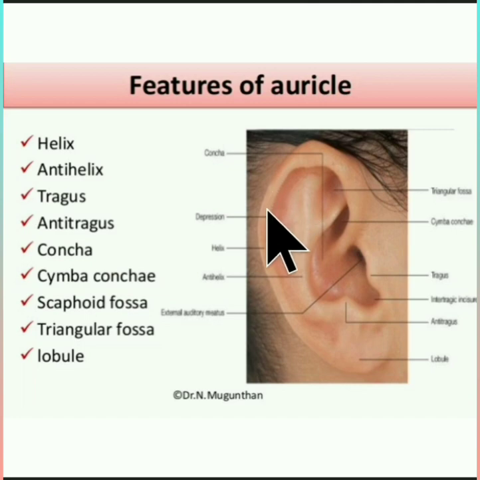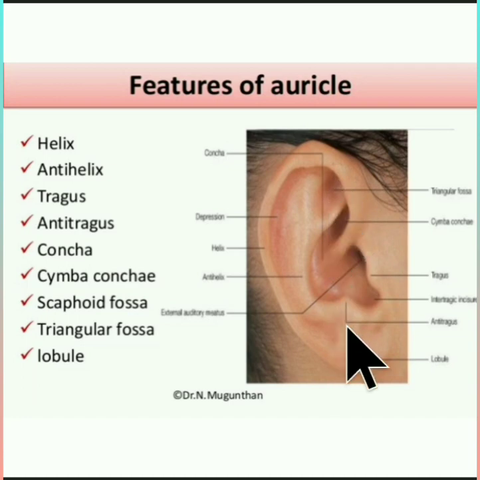This thickened region is called the helix, and the next thickened region is called the antihelix. The region here is the tragus and this one is the antitragus. This fossa-like part is called the concha, and this is the supraconcha. This extended fossa-like region is the scaphoid fossa, and this is the triangular fossa.